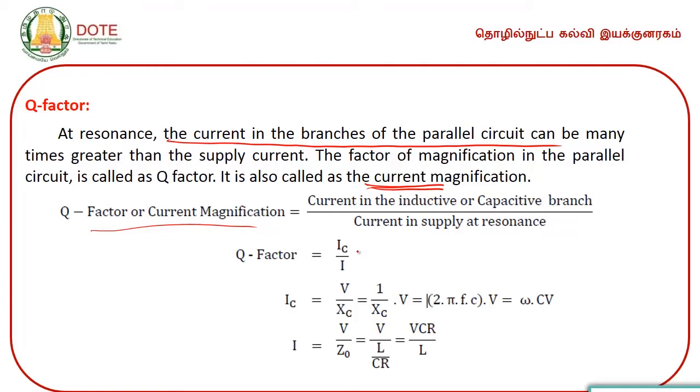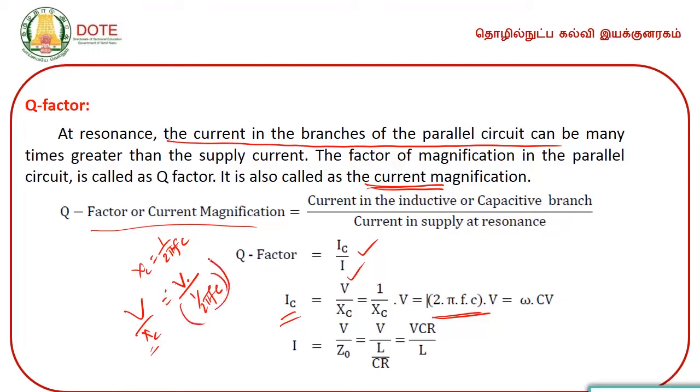So, Q factor is equal to either IL or IC divided by I. IC is equal to V by XC, which is V into 1 by XC, where XC is equal to 1 by 2 pi FC. So, instead of XC I am going to substitute 2 pi FC, so it is V divided by 1 by 2 pi FC.